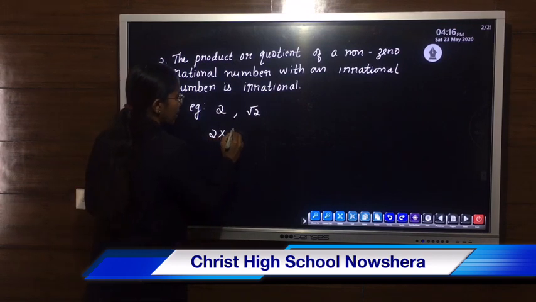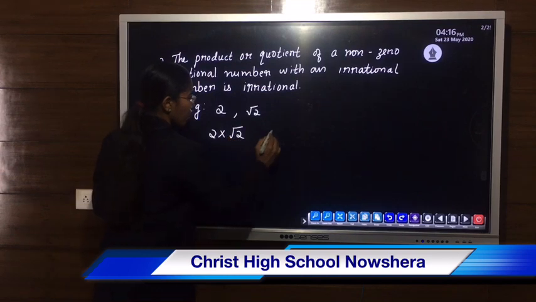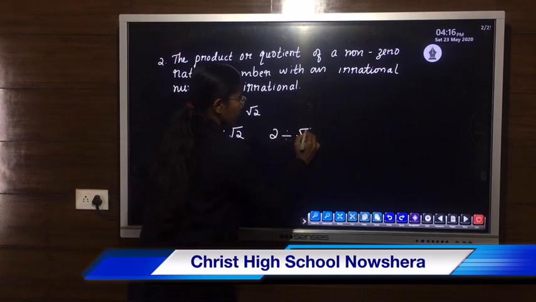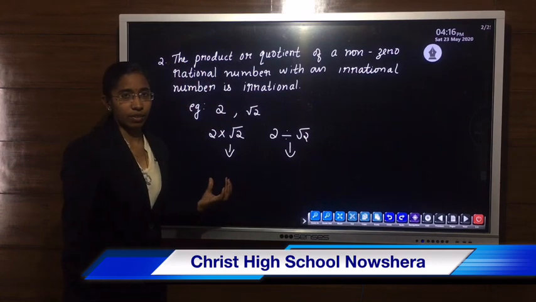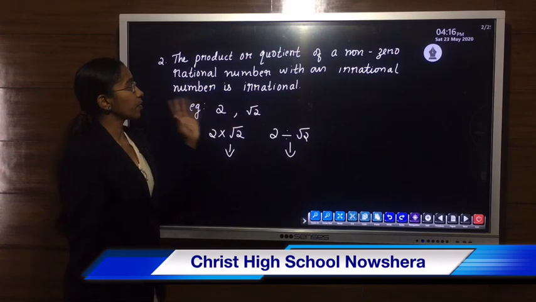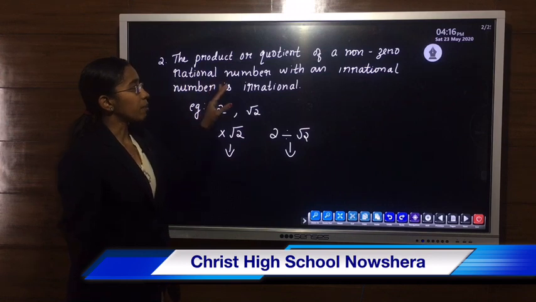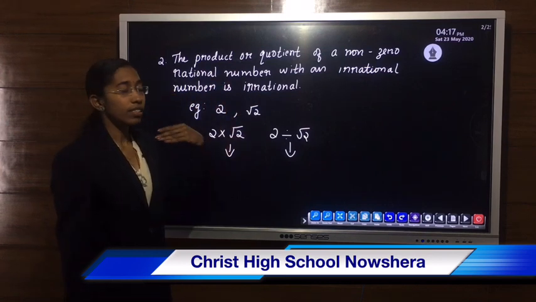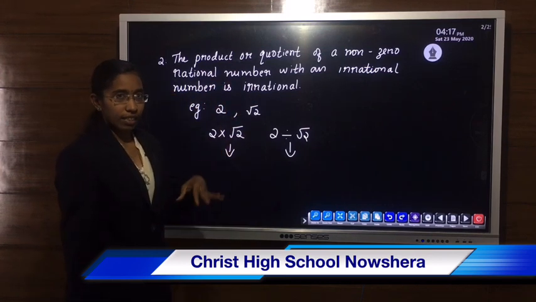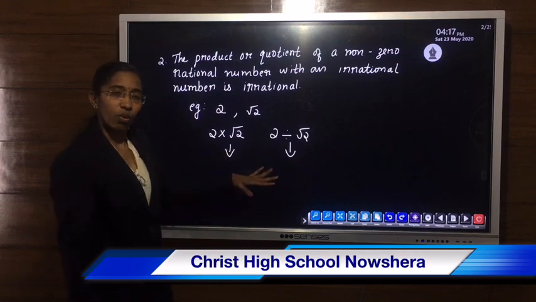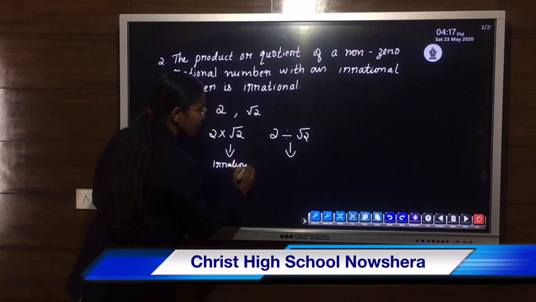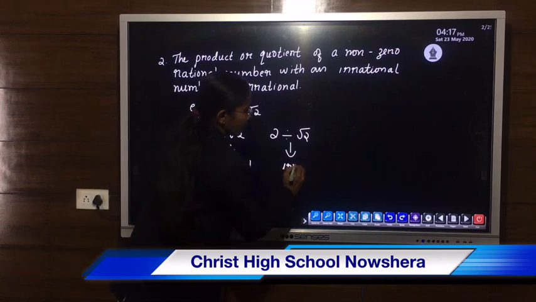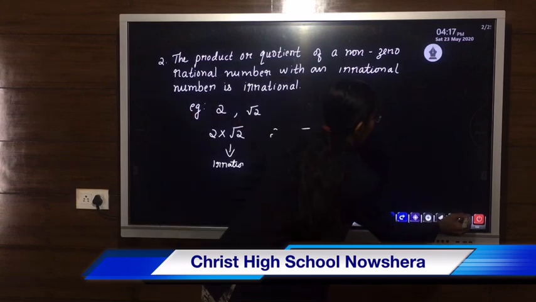Suppose you are multiplying 2 into root 2 or dividing 2 by root 2. In both cases you get only a decimal answer, which means when we are multiplying or dividing a rational number with an irrational number, our answer is always irrational only.